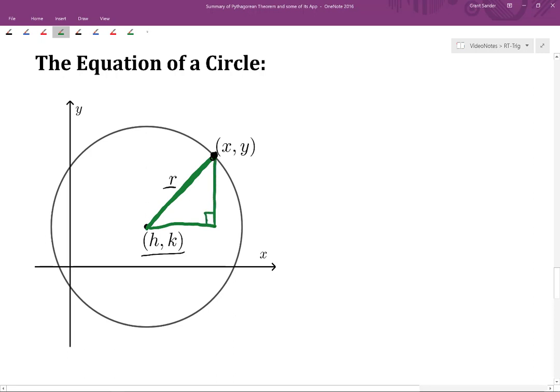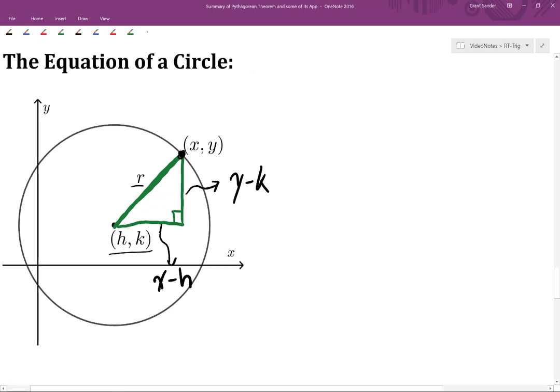The hypotenuse is r units long, and the horizontal side has a length of x minus h. Again, that's like a change in x from h to x. The vertical side has a length of y minus k. Again, that's like a change in y if we vary from k to y.